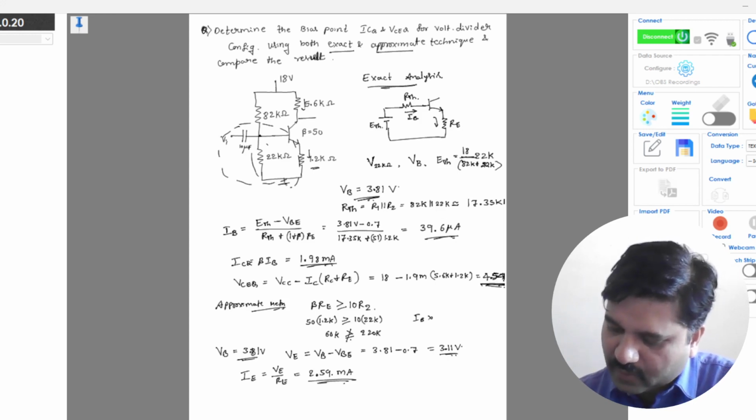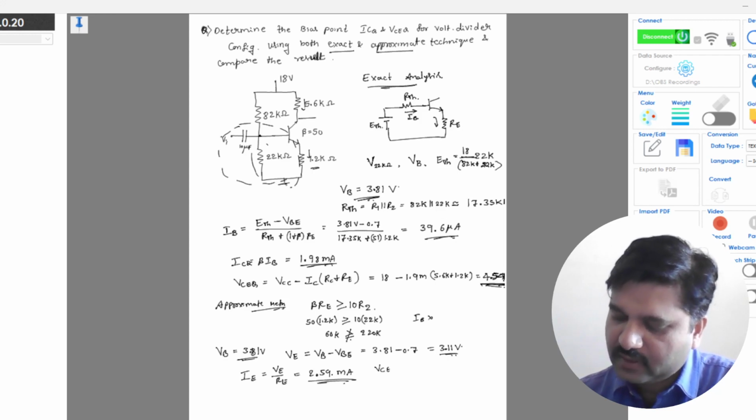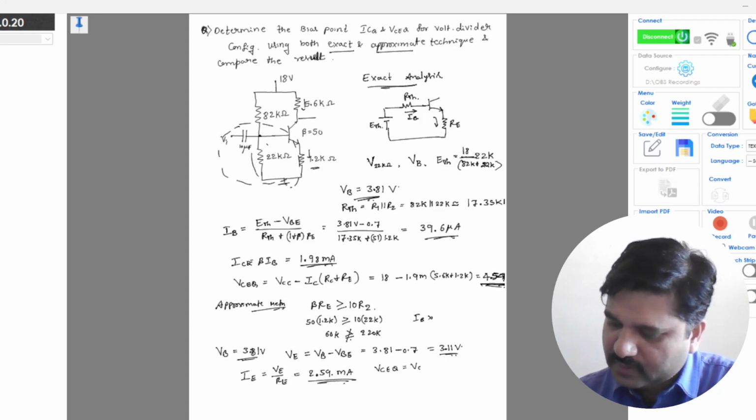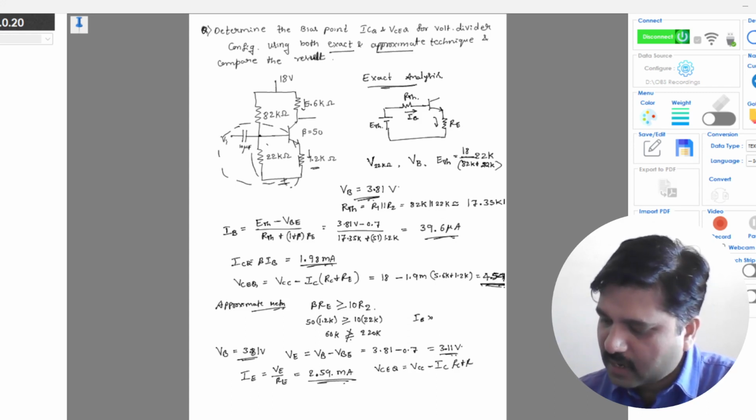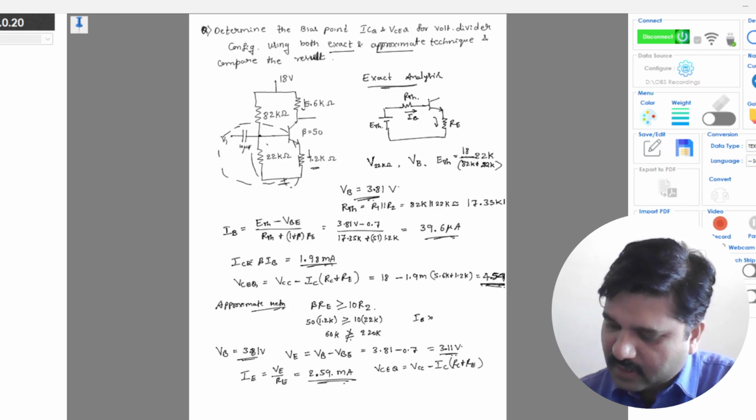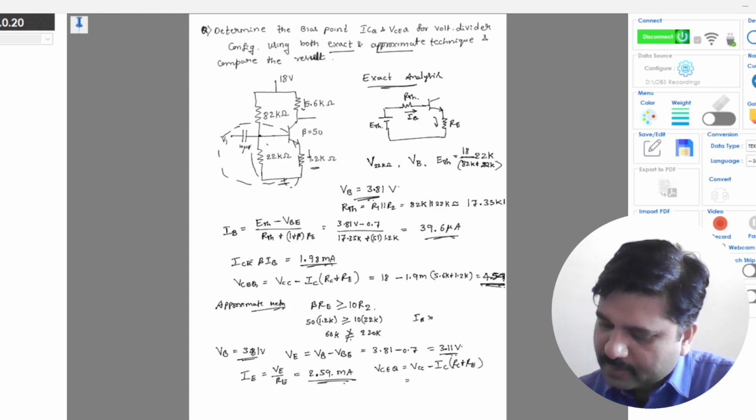Similarly VCEQ is equal to VCC minus IC into RC plus RE, where IC is 2.59 milliamps, so it is 18 minus 2.59 milli into 5.6k plus 1.2k.